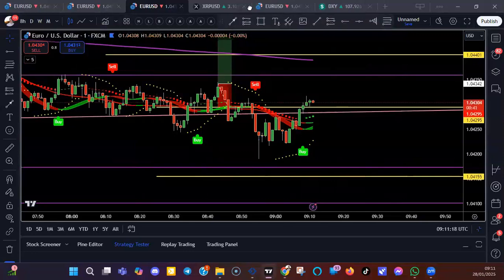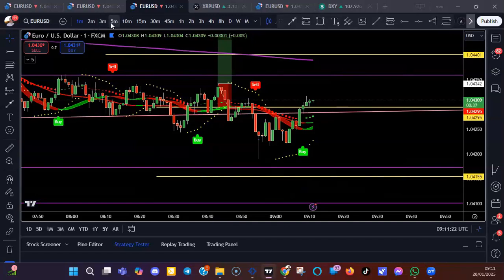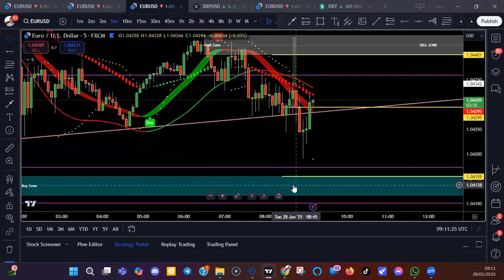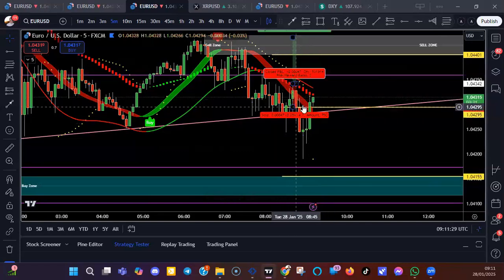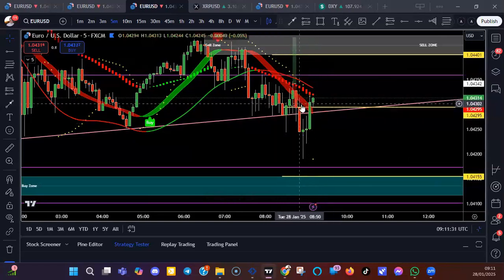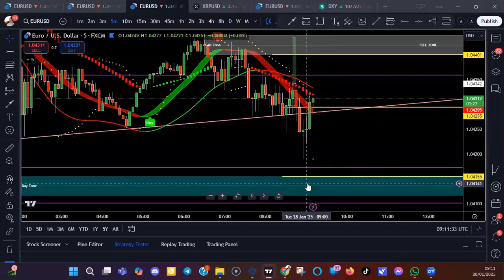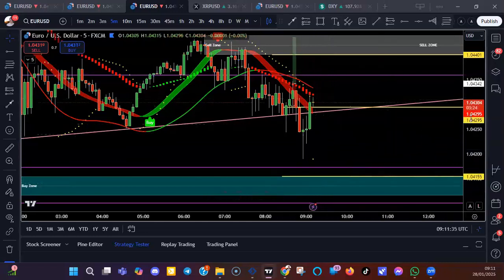Let's put it on the 5-minute time frame. This is the old buy zone that we were in. As you can see, we've been in that now. This is another buy zone on the 5-minute.